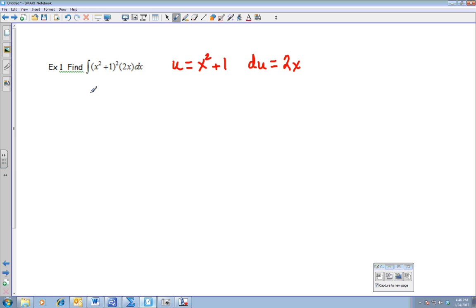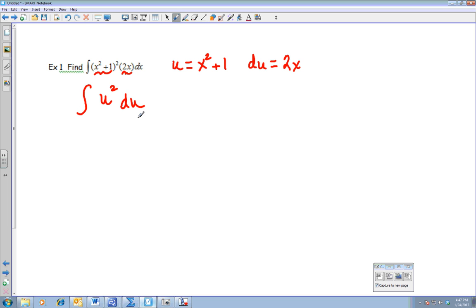So I'm going to rewrite this problem as: this right here is now u. I'm going to substitute u in, u squared. This 2x is my du. And I'm not going to write the dx anymore because I'm in terms of u instead of x's. So look at what we did. This right here is my u. This right here is my du.